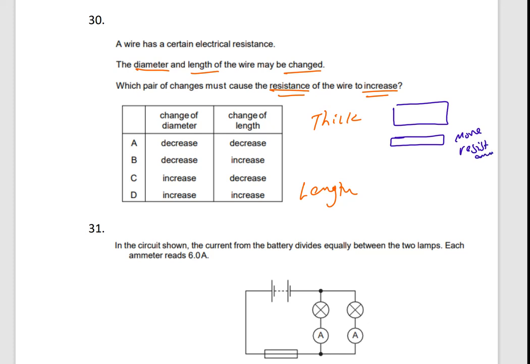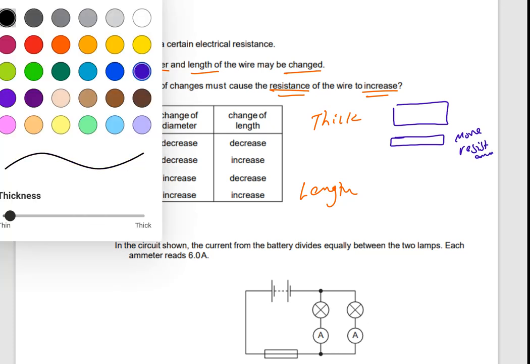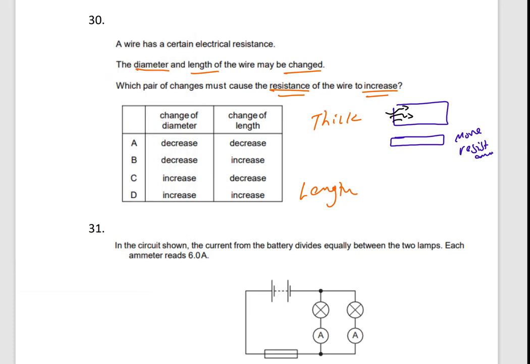Why? Because in the thick wire, the chance for the electrons to move is more. It can squeeze through it. Whereas when the wire is thin, the electrons have to pass only through that specified area, where they would be blocked by the atoms of the wire itself.